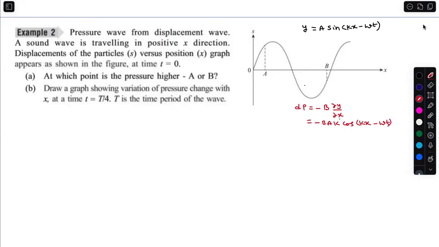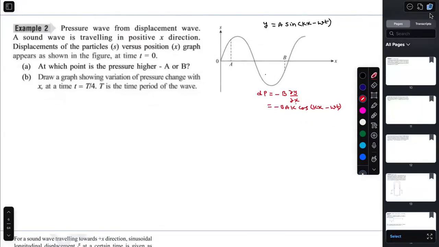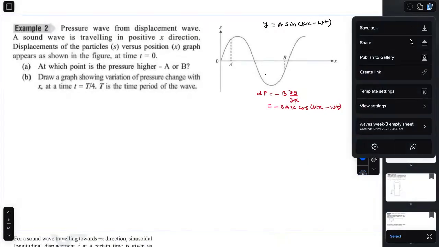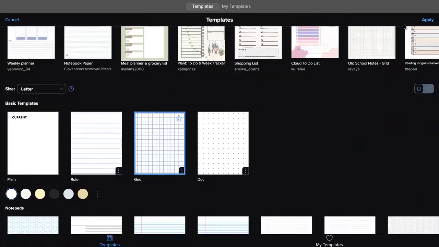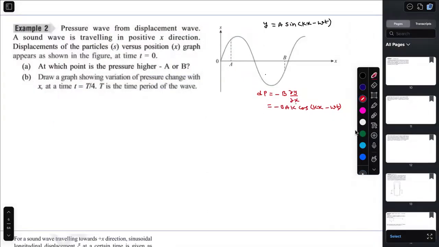Any doubts, boys and girls? Do you have any doubts? Lakshmi, are we clear? Right.